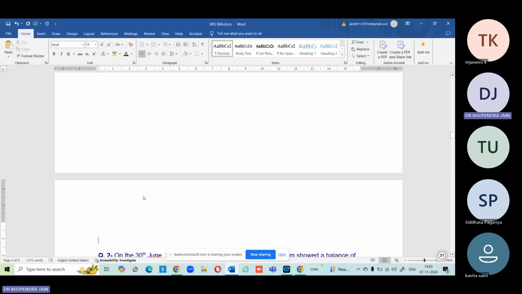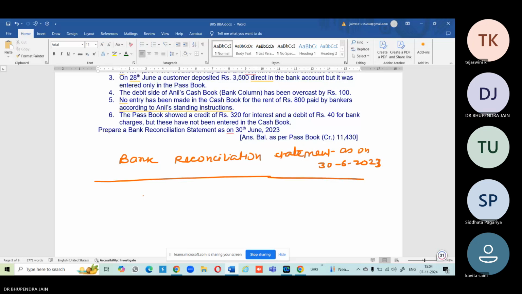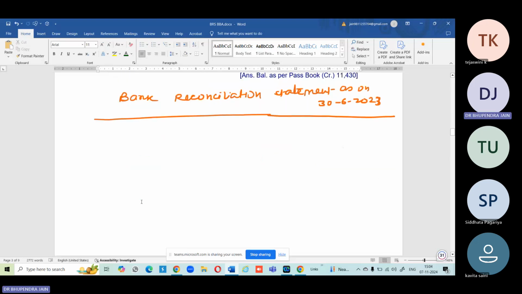What will we write here? Bank reconciliation statement as on 30th June 2023.